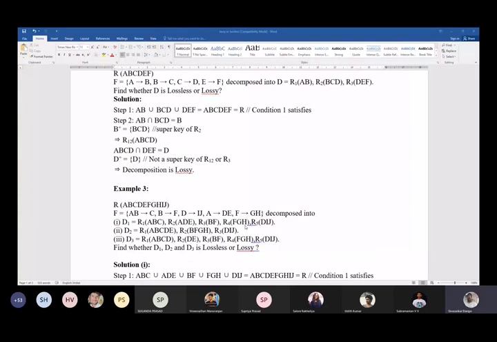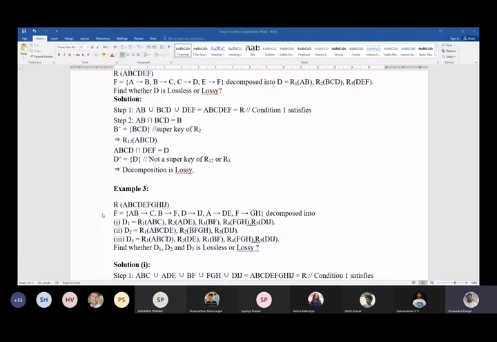So again, there exist some functional dependencies between different sets of attributes in this relation: A, B determines C, B determines F, D determines I, J, A determines D, E, F determines D, G, H, right? So now you are expected to check whether subdivision 1 is going to be a lossy decomposition or lossless decomposition, right? So anyway, let me share the solution.